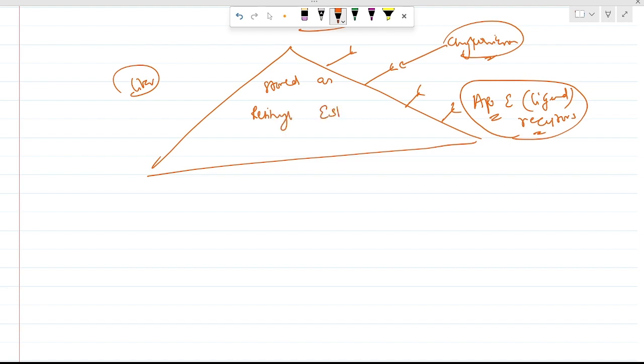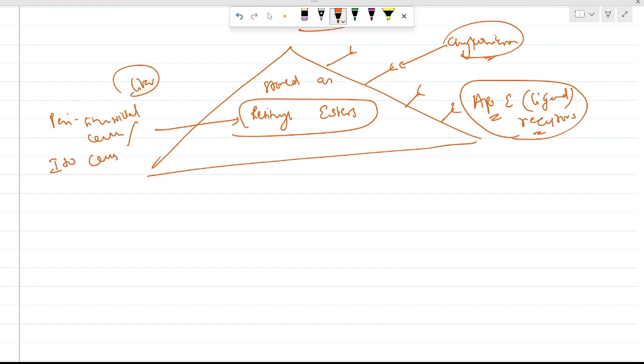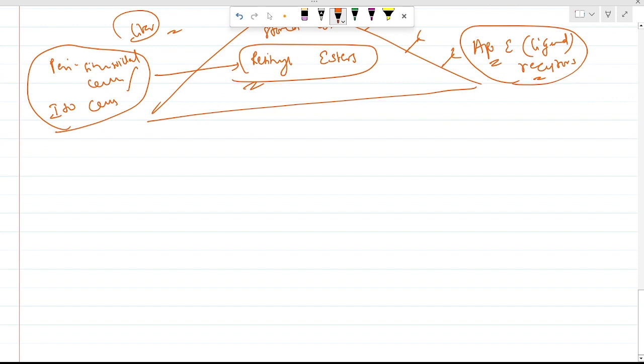Stored as retinal esters, where they are stored in, remember, perisinusoidal cells, or the, remember, Ito cells of the liver. This retinal ester is further acted on by, remember, retinyl palmitate.